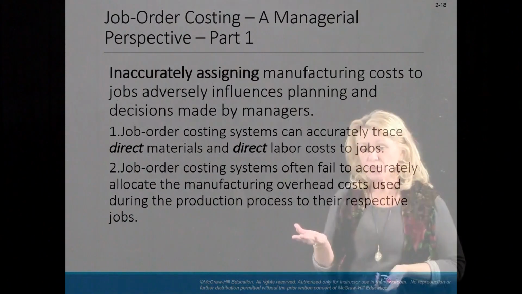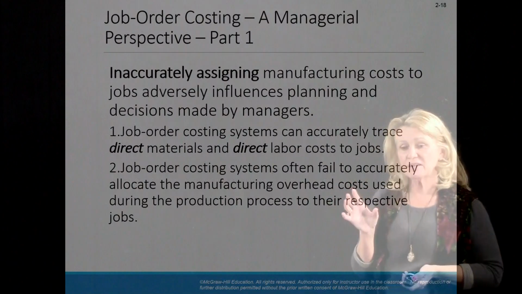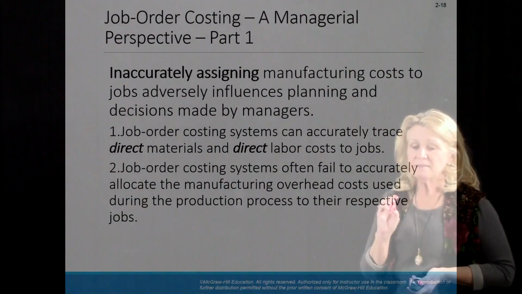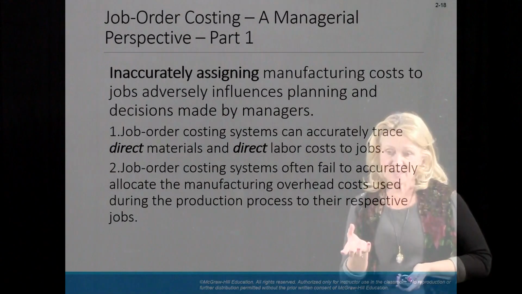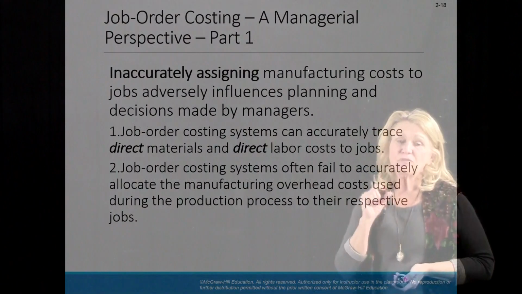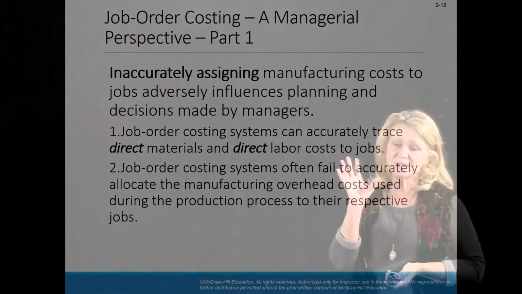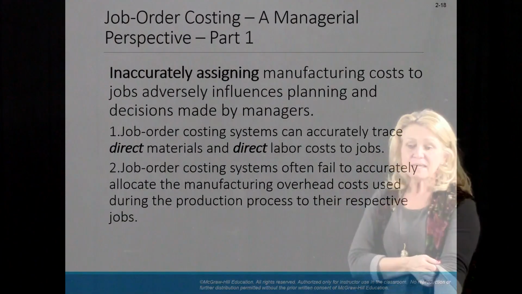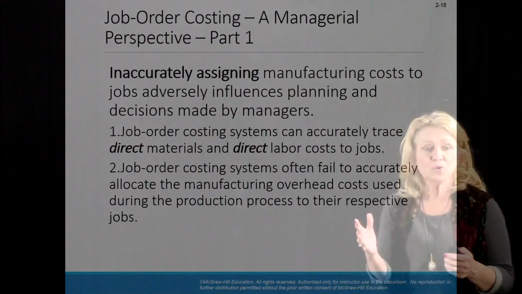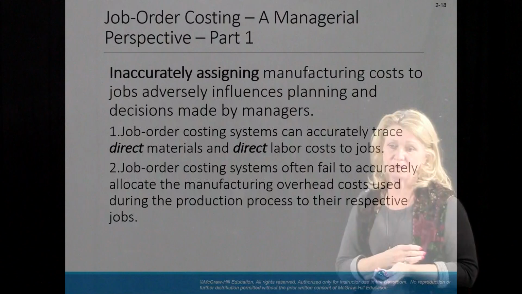Okay, so here are some problems that could happen if you inaccurately assign manufacturing costs to jobs, which adversely influences planning and decision making. So before you make those estimates and those budgets and those allocations, as a manager, you have to make sure you have a good handle on what those costs are.